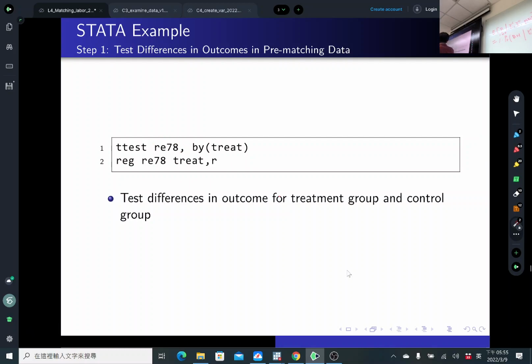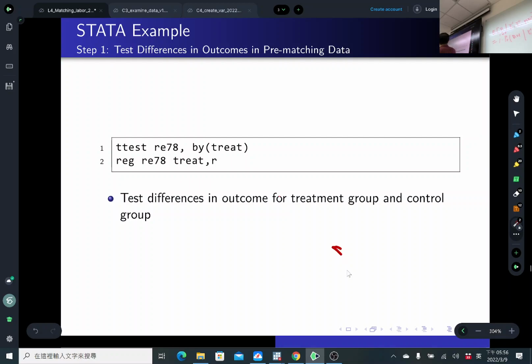You can use a t-test, something we did not discuss last time. A t-test compares the difference in a variable between two groups. That's what we wanted to mention last time, but we didn't have time. You put the variable you want to test, and then the group variable.